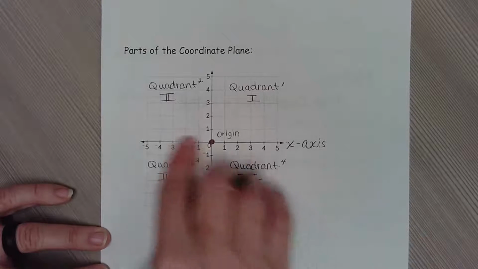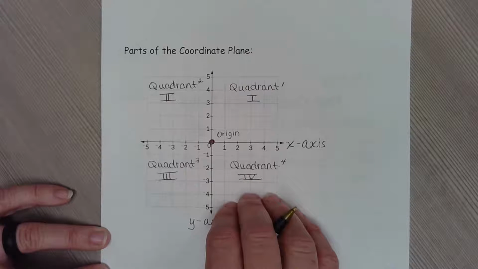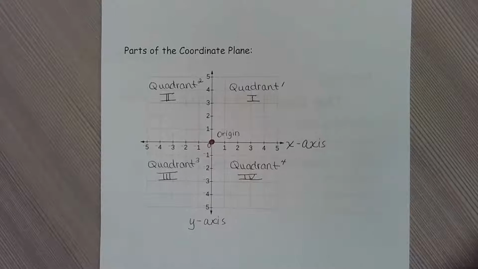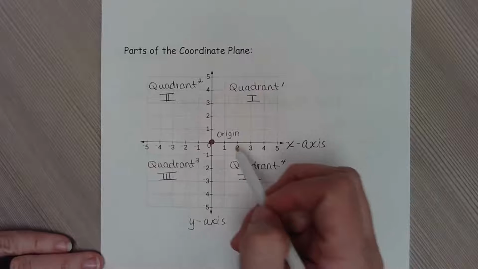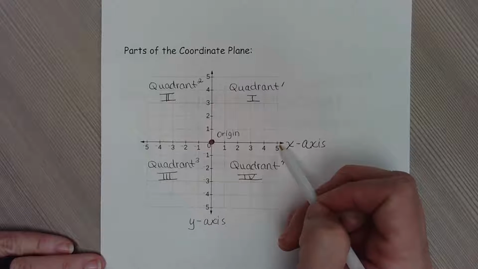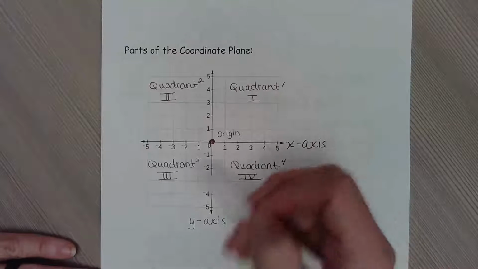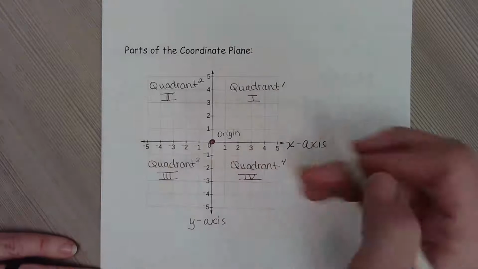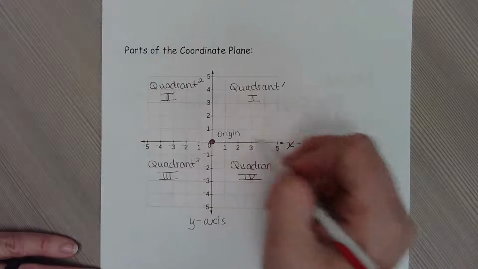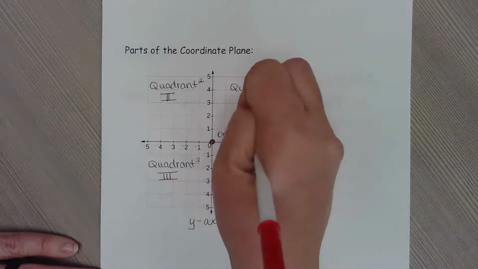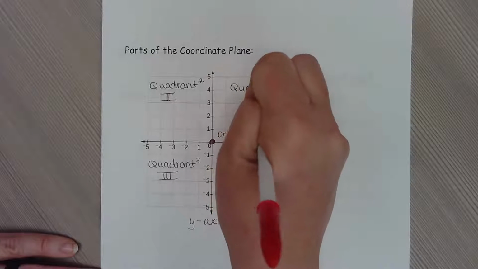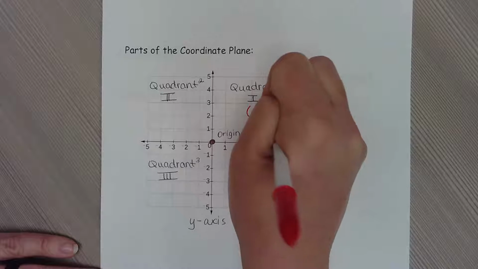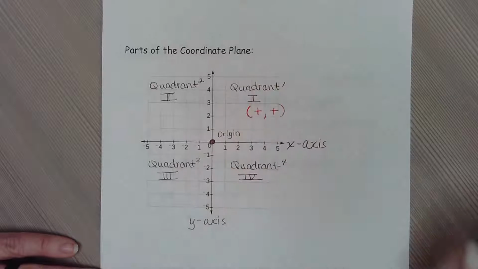All right, now when you're looking at these quadrants, something that might help you, and I'm going to change colors here, is the type of points that will be in this quadrant. Now these are called ordered pairs, which we'll get into more detail in just a second. But here, all of these ordered pairs, the first number will be positive and the second number will be positive.